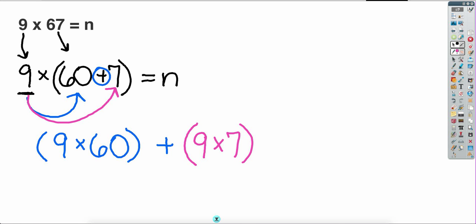So you could see I did 9 times 60 plus 9 times 7. So we're distributing the 9 to each of the values inside my parentheses. So now I must solve.